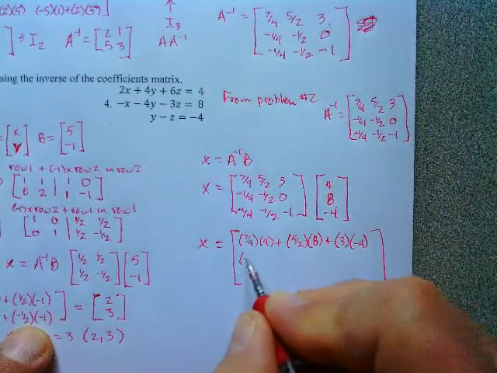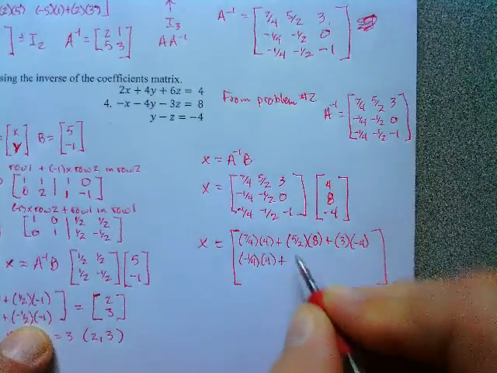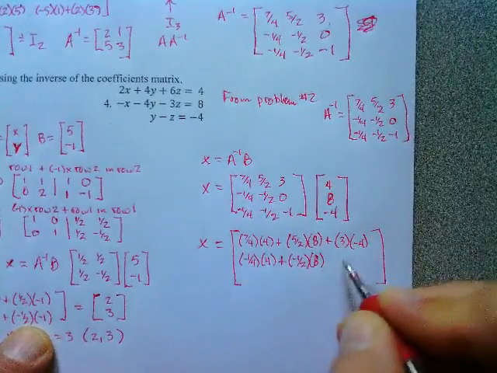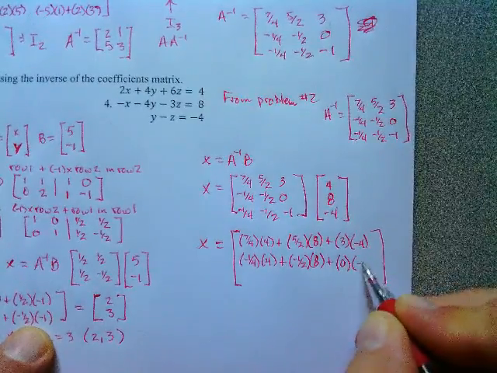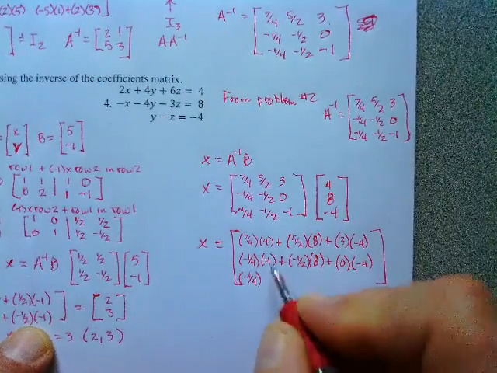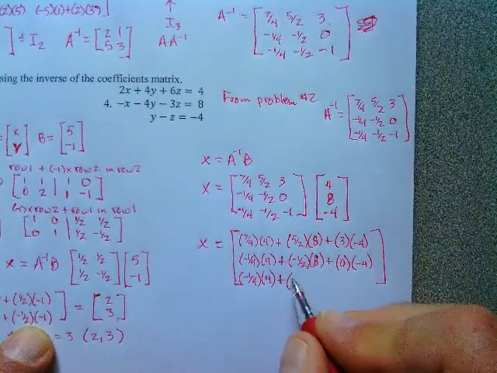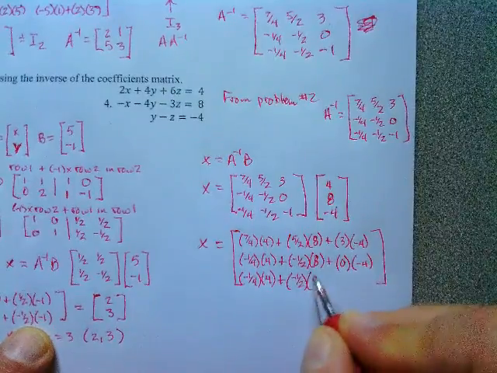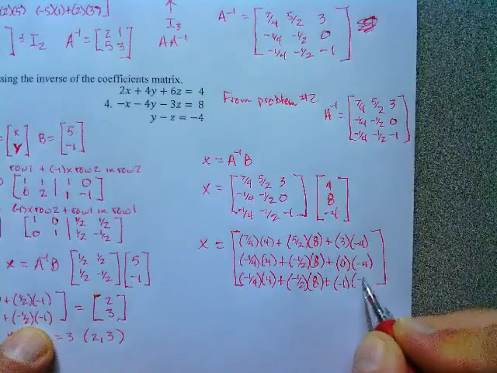Then we have -1/4 times 4 plus -1/2 times 8 plus 0 times the -4, and then -1/4 times 4 plus -1/2 times the 8 again, and then this time -1 times the -4.